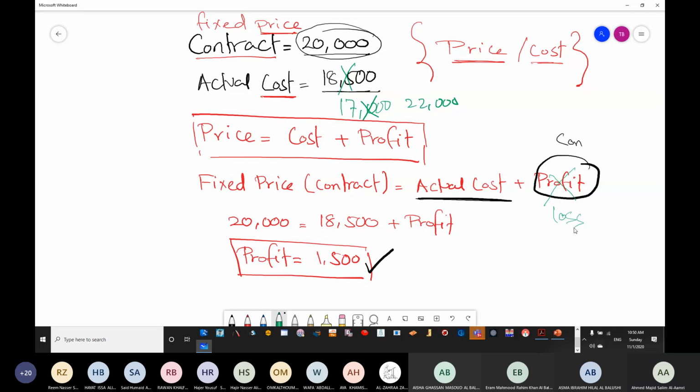Okay. Now, this method fits which delivery system? We have 3 delivery systems, we said. We have traditional, we have construction management at risk, and then we have design build. This one is fitting which method?